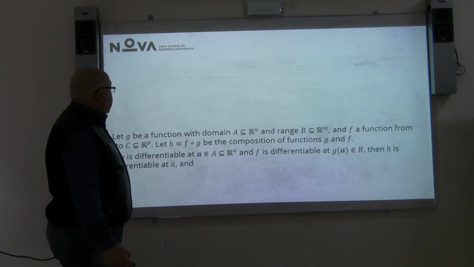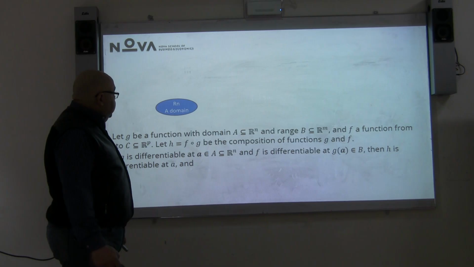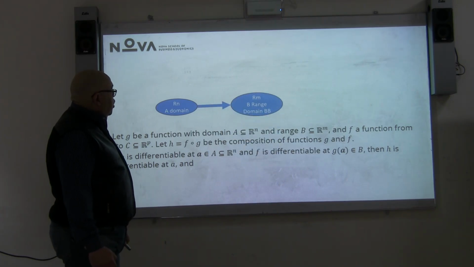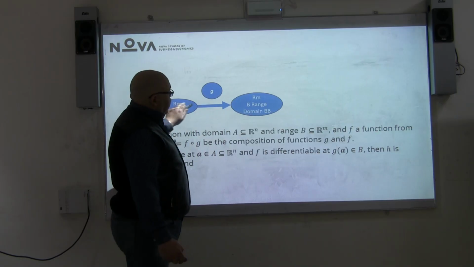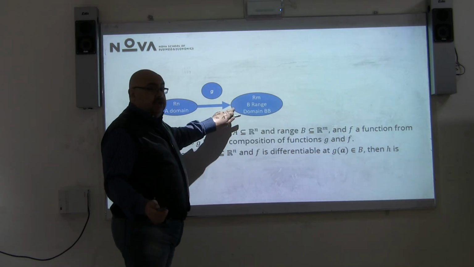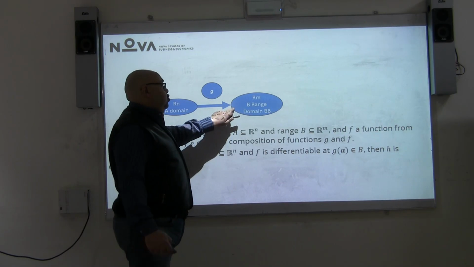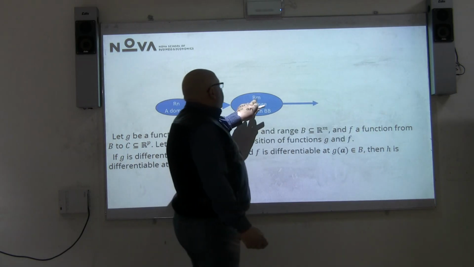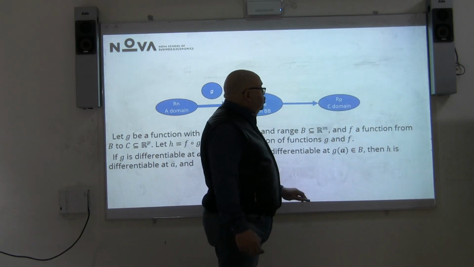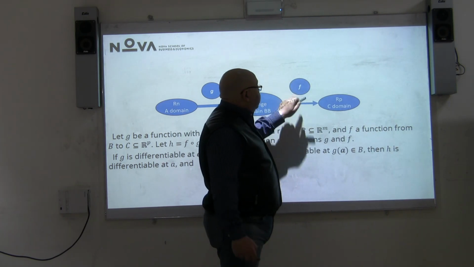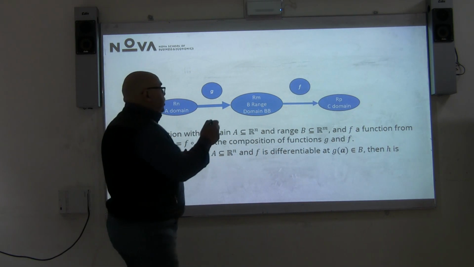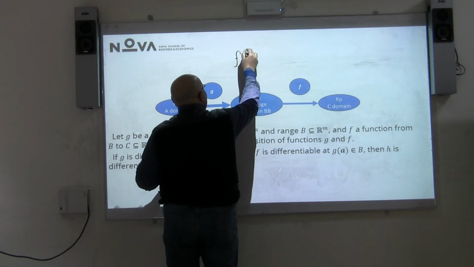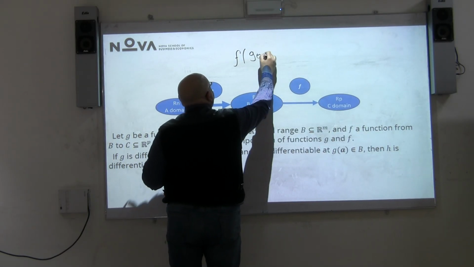This composition also means you have g, which is running from Rn into Rn, as a generalization of the composition. And you have another function f, running from Rn into Rb or something. This symbolization is actually f composite g of x.